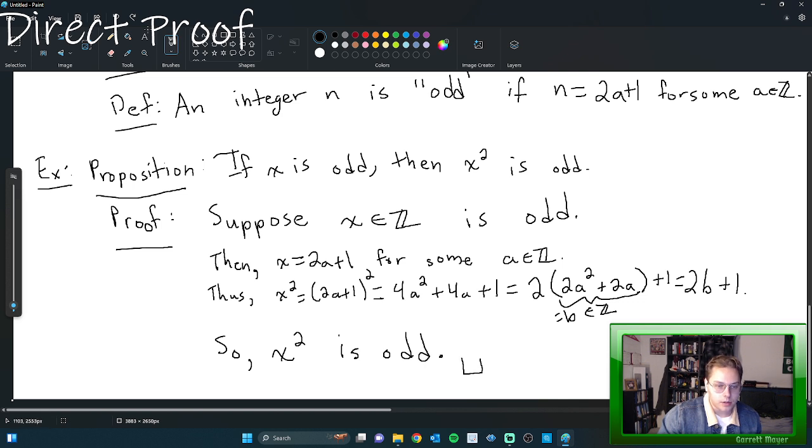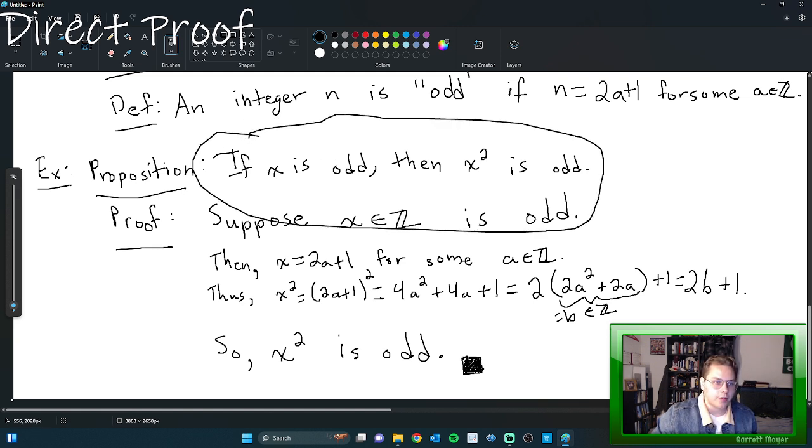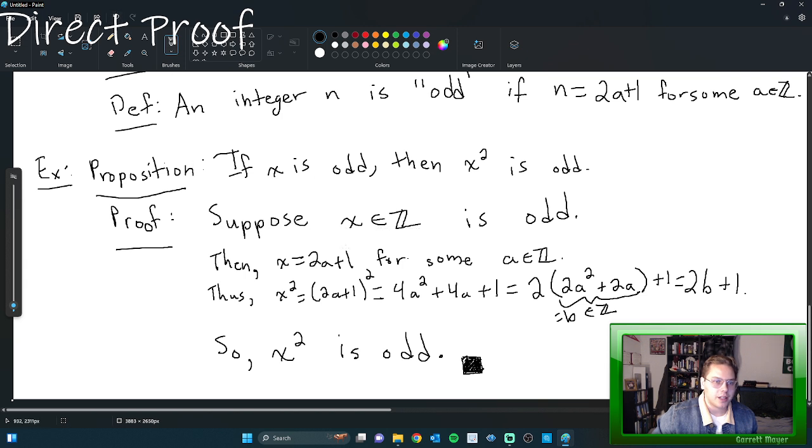And because of this, we've made a direct proof that if x is odd, then x squared is odd. We've proven now that this proposition right up here is true. Every time x is odd, as we've seen, it implies necessarily that x squared is also odd. So that's how that direct proof works.